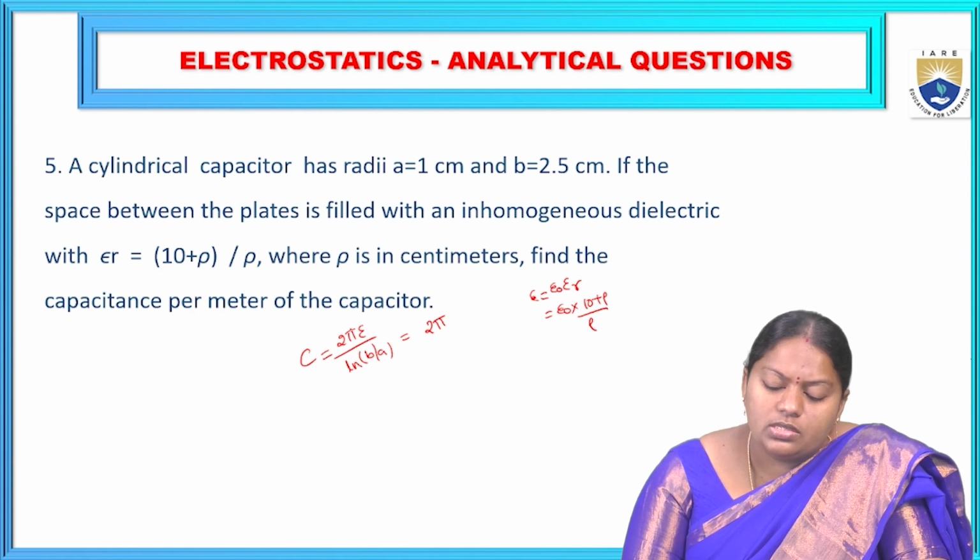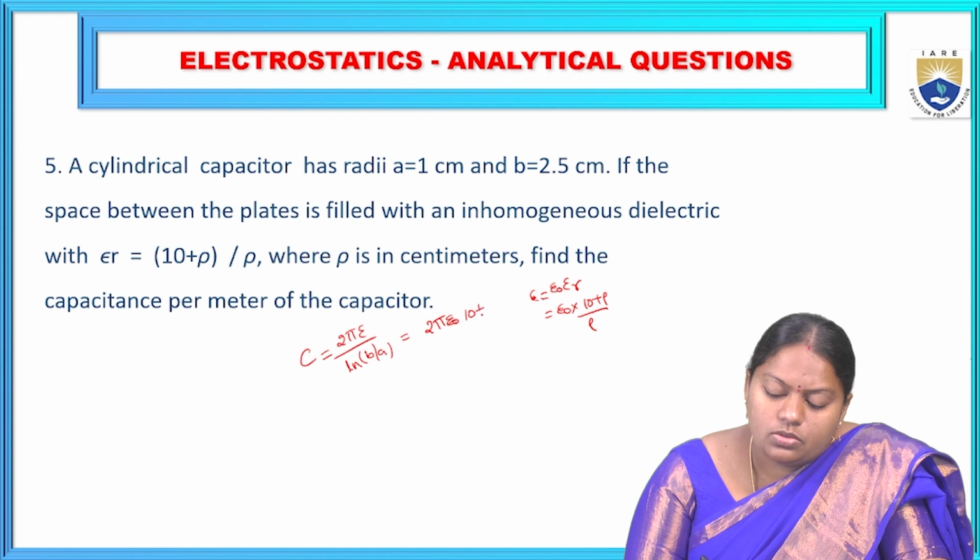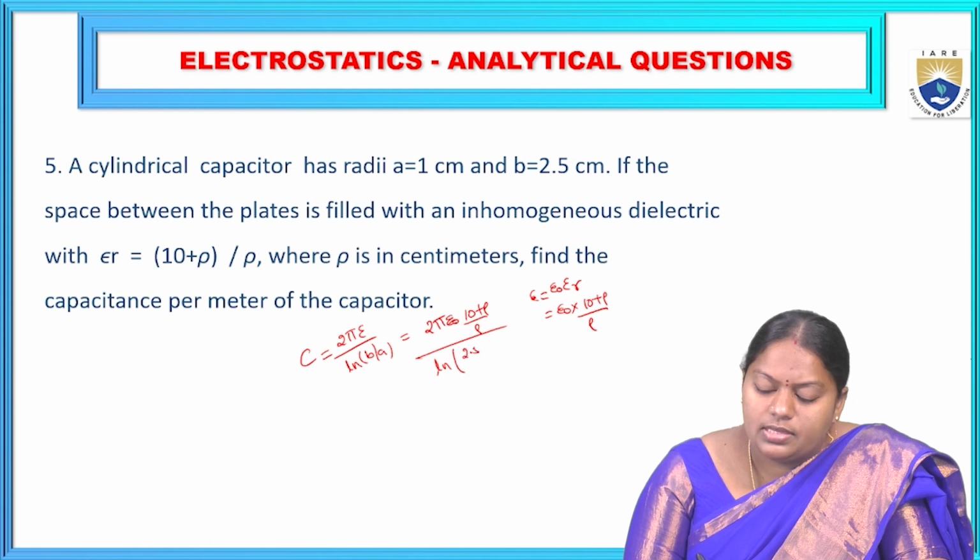Substituting, we get 2 pi epsilon naught into (10 plus rho) by rho, divided by ln of B by A, where B is 2.5 into 10 power minus 2 and A is 1 into 10 power minus 2.